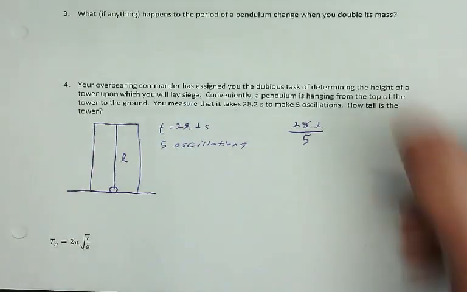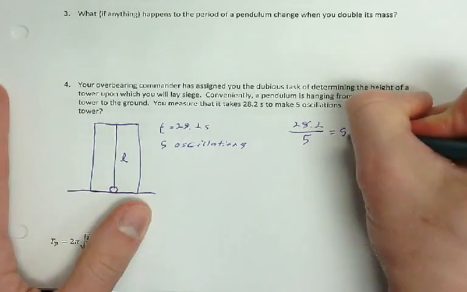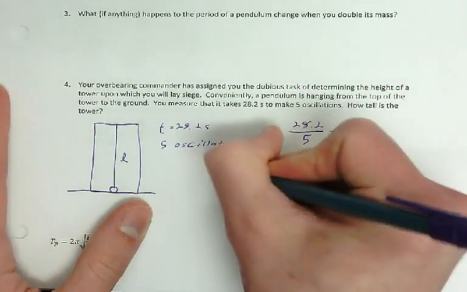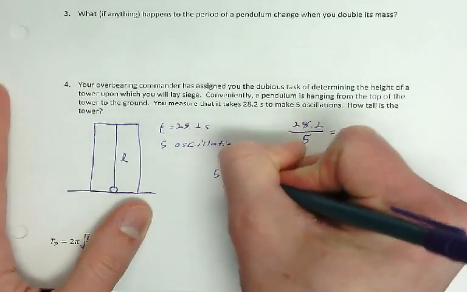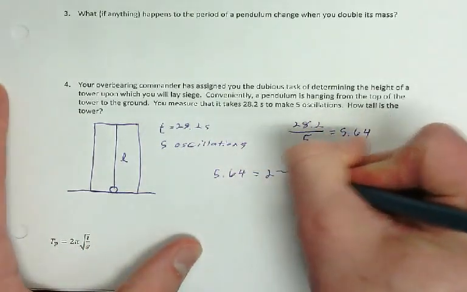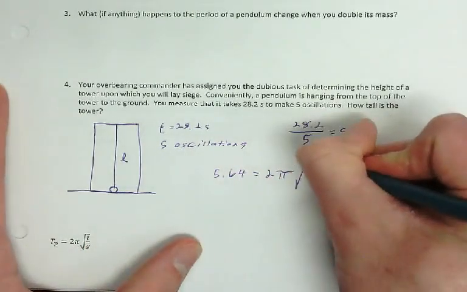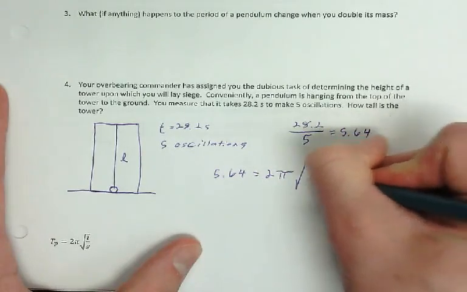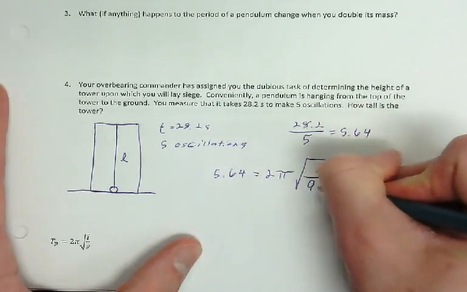That gives me 5.64. So my period is 5.64 seconds equals 2 pi square root of L over G, and G is 9.8 unless I tell you otherwise.